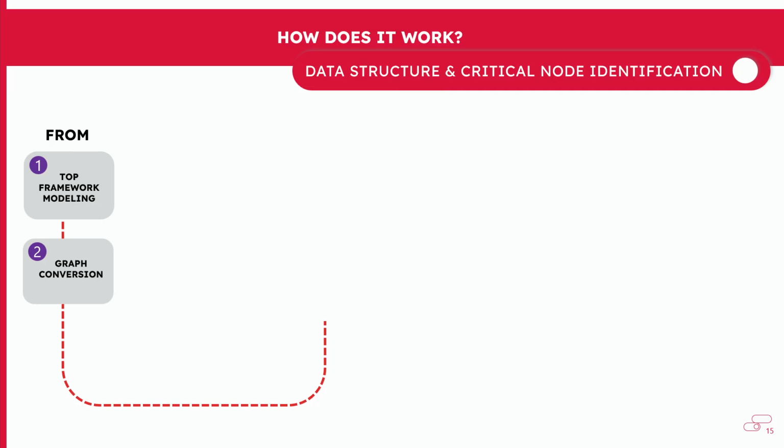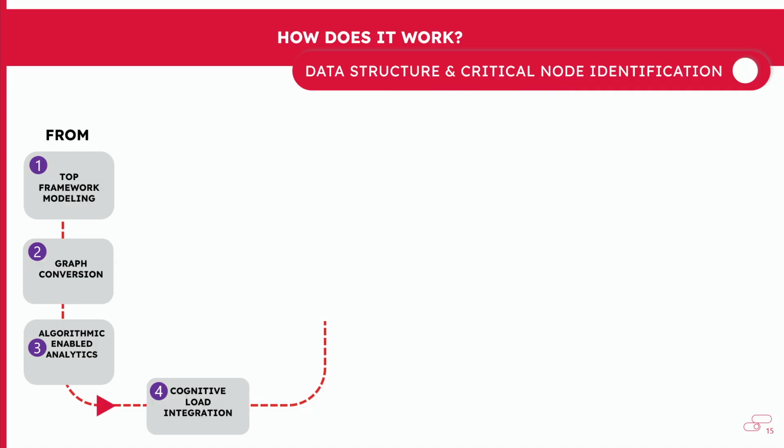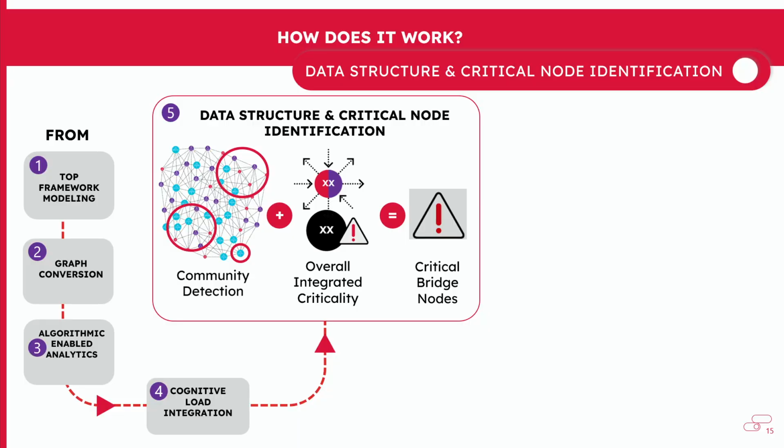So in summary, we have the first step, the TOP framework modeling. Secondly, the graph conversion. Third, the algorithm-enabled analytics and the cognitive load integration. Once we have all these separate results, we can combine them: the results from the community detection and the results from the criticality integrating the cognitive load modeling. It could reveal critical bridge nodes.